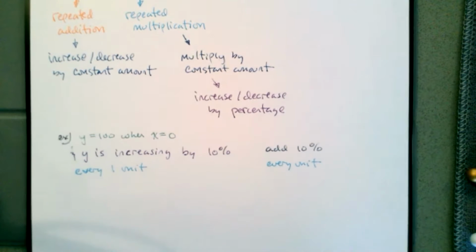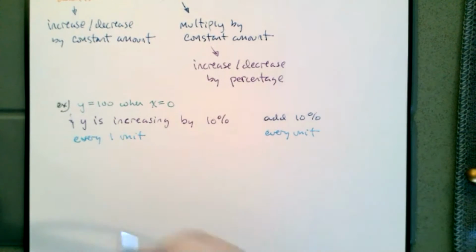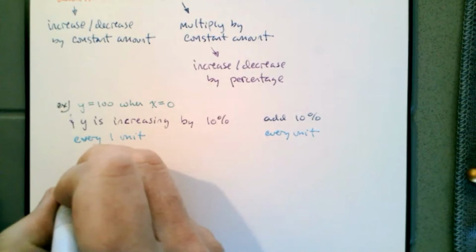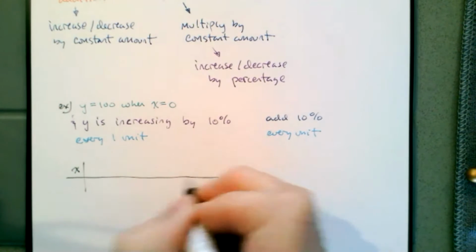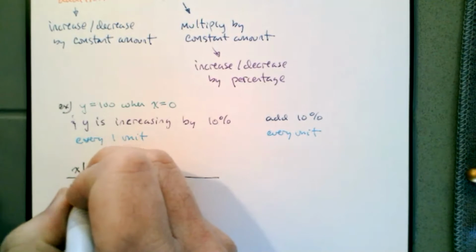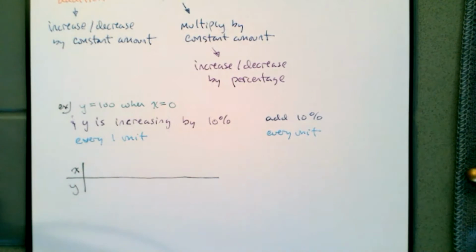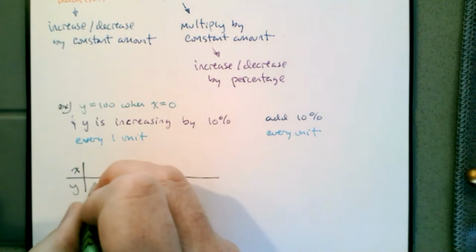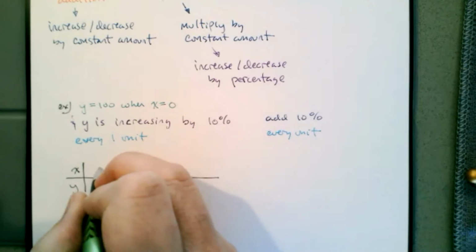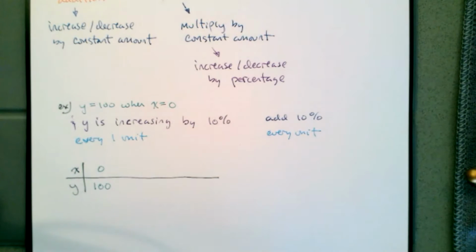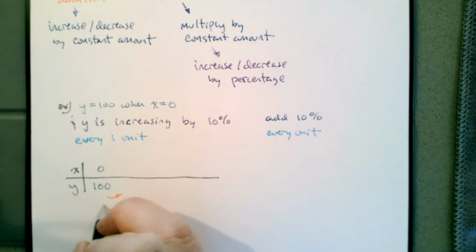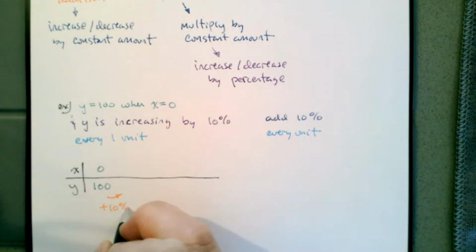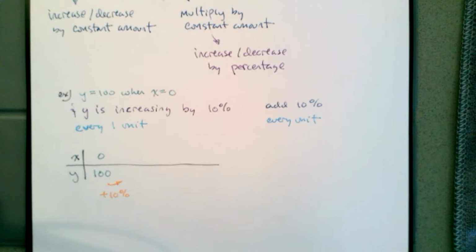So let's make some calculations. So we're going to start off with 100. And we're going to add a certain amount. We're going to add 10%. We're going to add 10% of 100.